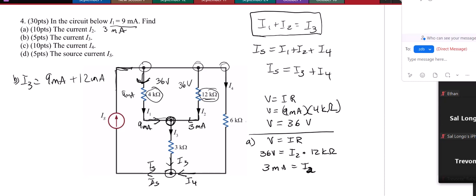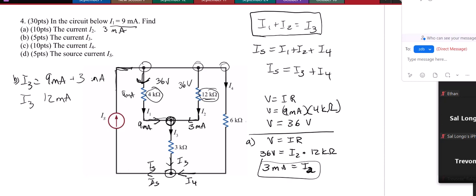I don't remember getting that number. Oh, it's not 12. Where did I get 12 from? That's 12 kilo ohms. That's why I didn't remember it. It was 3 milliamps. 3 milliamps. And so I3 is 12 milliamps.